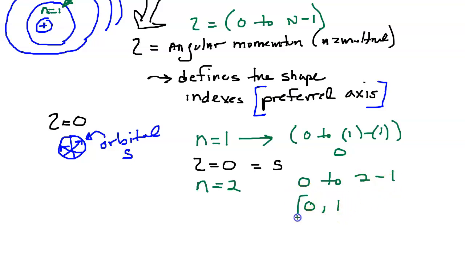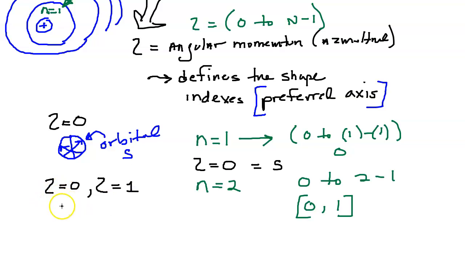So these are my possible numbers. If I have a 0 and a 1, then I have the s orbital, which is 0, and then I have a new orbital. Now listen. In n equals 2, I have the value of 0, which is an s orbital, but now I have another possible state of energy, and that means L equals 1.